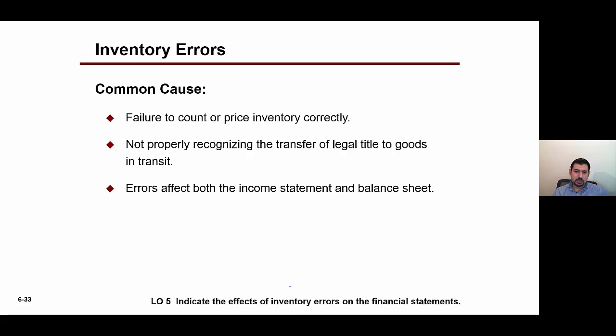Why is that? Because when we count inventory, we're counting the ending inventory, and whenever there's an error with the ending inventory, it will affect both ending inventory as well as the cost of goods sold, which means it will affect the balance sheet and the income statement at the same time.